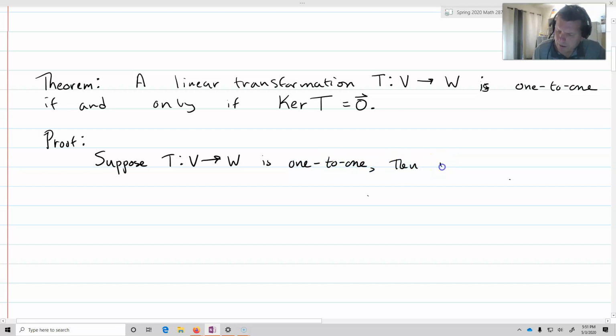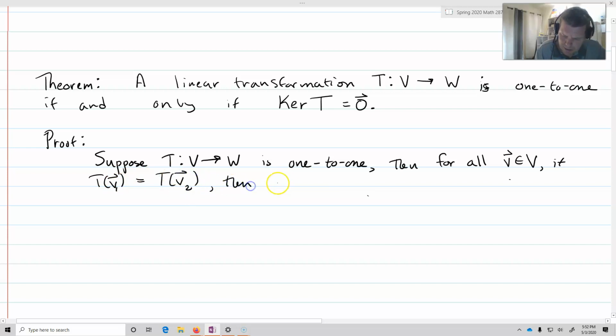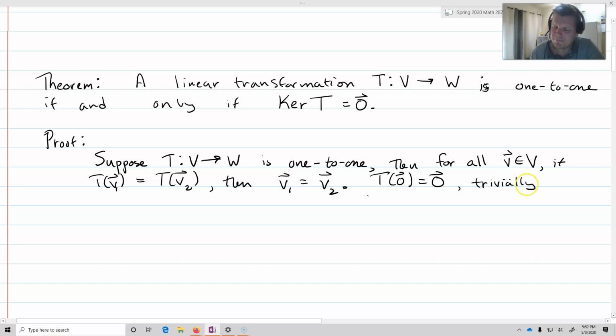Suppose T: V to W is one-to-one. Then for all v belonging to V, if T of v1 equals T of v2, then v1 equals v2. Now we want to prove that the kernel of T equals 0. T of 0 equals 0, trivially. We know that's always true, otherwise we wouldn't have a linear transformation.